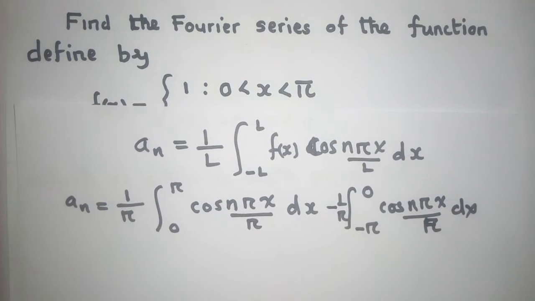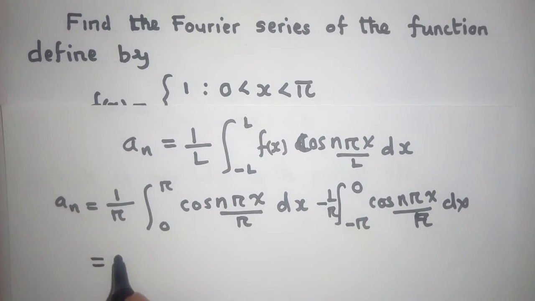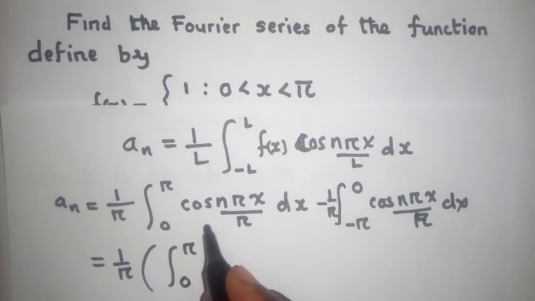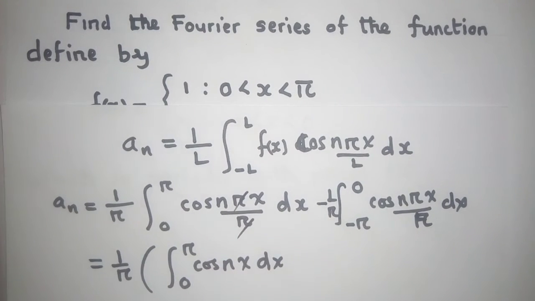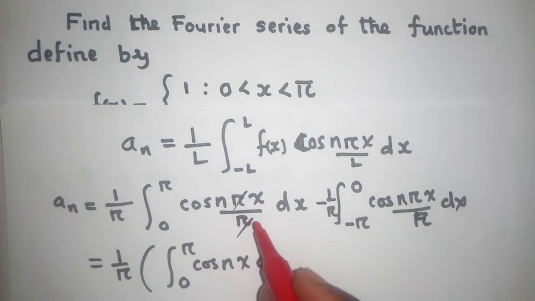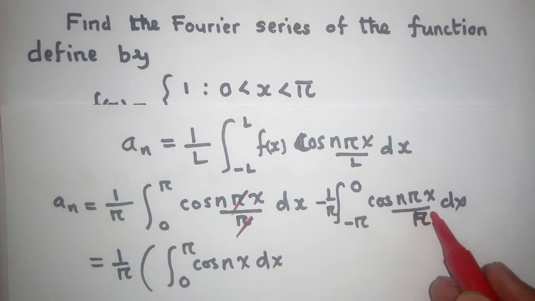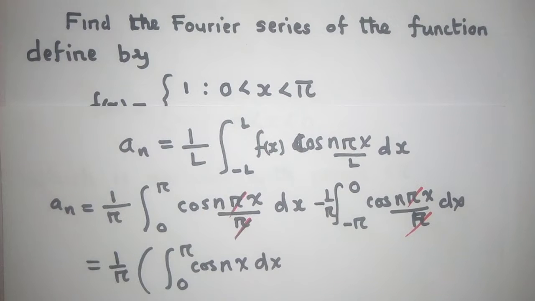Now we can clean up things. You can factor out 1 over pi if you want. We will remain with this. Here it will be cos(nx) dx. The pi in the numerator and the pi in the denominator will cancel, even here and here will cancel.